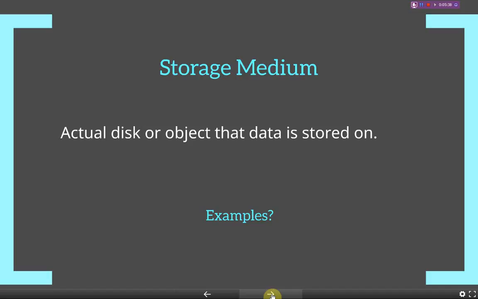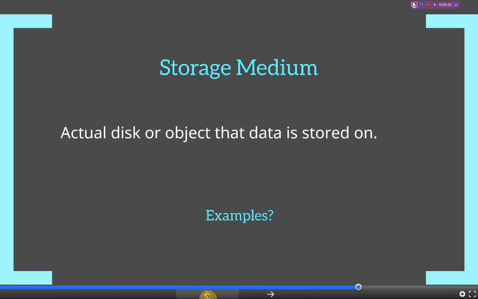Your hard drive, which is part of your actual computer. Your phone. What else can we take with us? Your jump drive. The little USB sticks that we put in the side of our computers. CDs, DVDs, those can also be storage mediums.